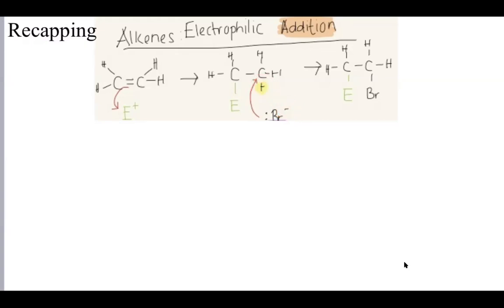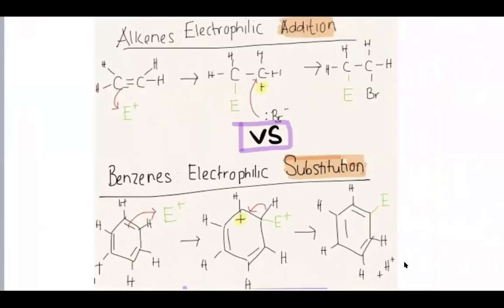Okay, so you will see the C–Br bond. That's the last bond being formed. So that's alkenes. Okay, next we want to look at benzenes, right? I still have my alkenes on top for you to compare.